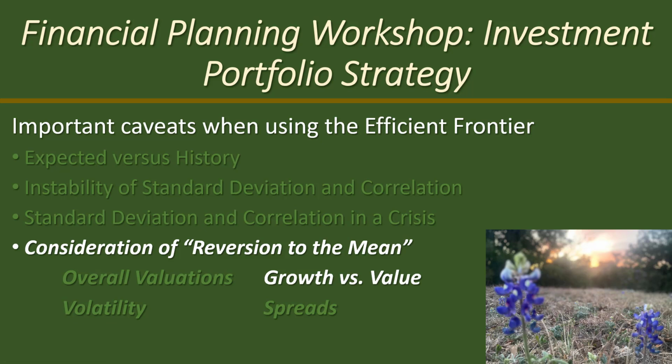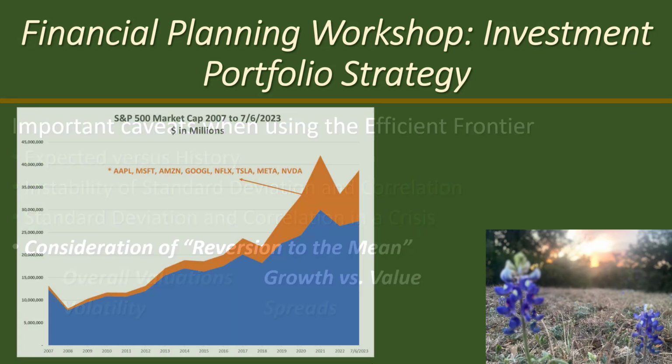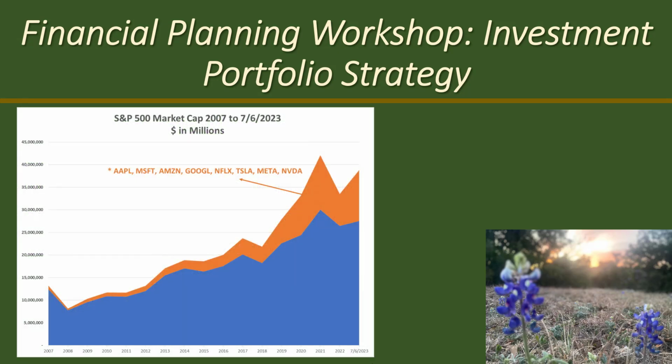The next area you might look at if you want to deviate from the efficient frontier is growth stocks versus value stocks. Growth stocks are those stocks that are growing very fast and they're very expensive. And we've seen here recently, growth stocks have really dominated the stock market.